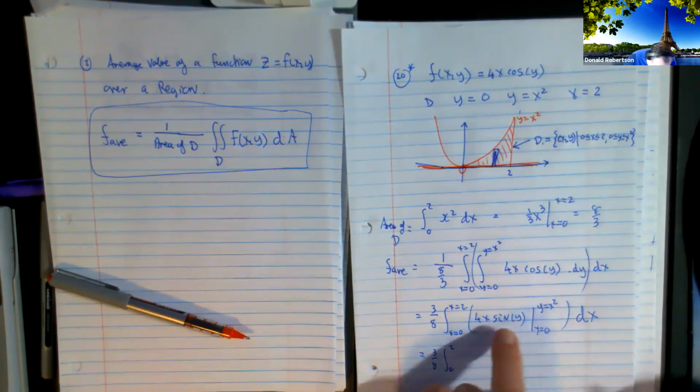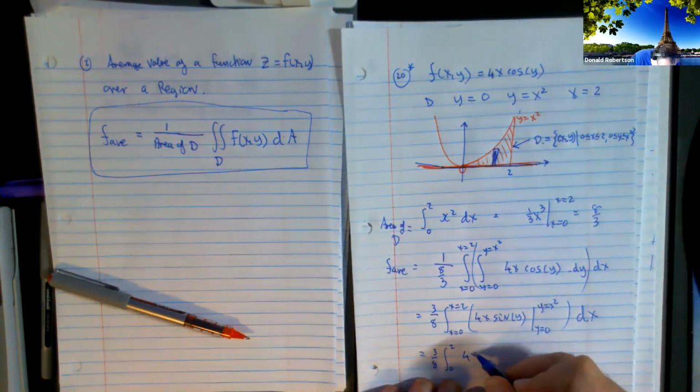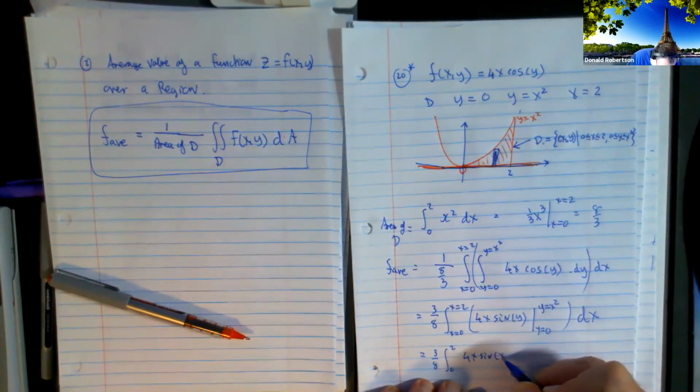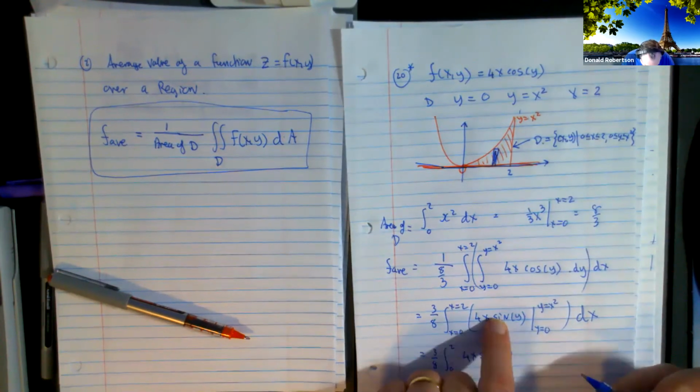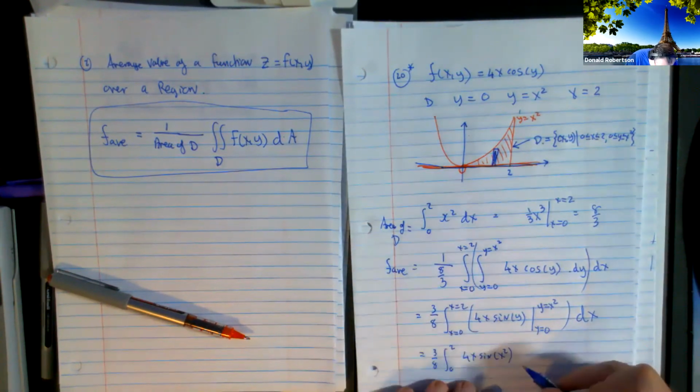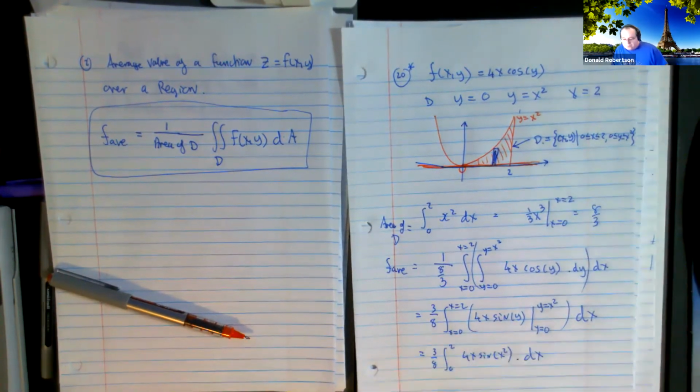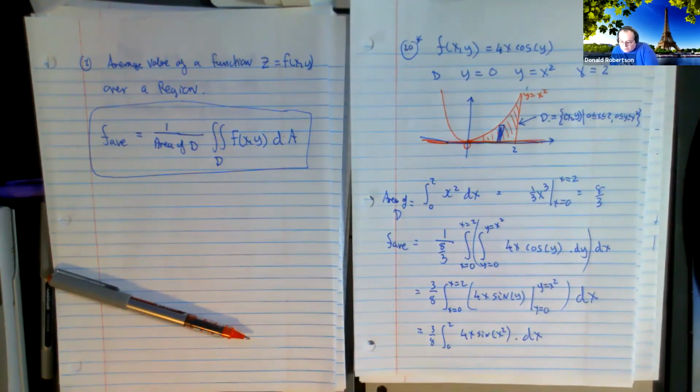If you plug in x squared here, you get 4x sine of x squared. And if you plug in 0 here, sine of 0 is 0, so you get nothing. And you're at this stage here. Are we comfortable with that?